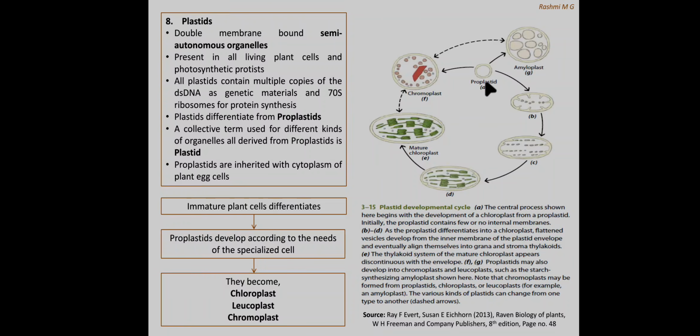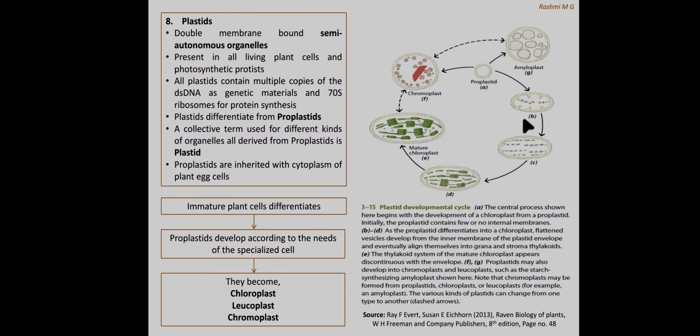Proplastid becomes chloroplast for the purpose of photosynthesis. Flattened vesicles develop. The proplastid may or may not have an inner membrane and plastid envelope, and while developing into chloroplast, the proplastid develops an inner membrane.